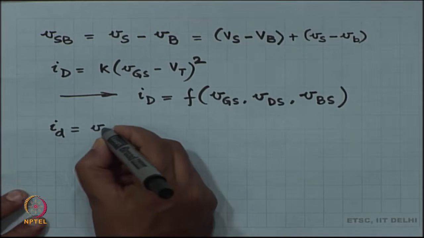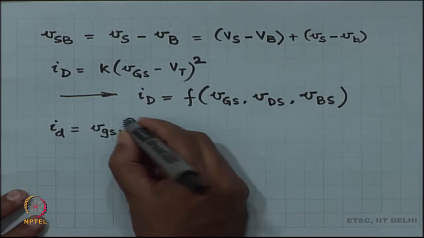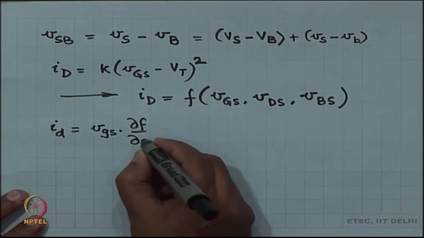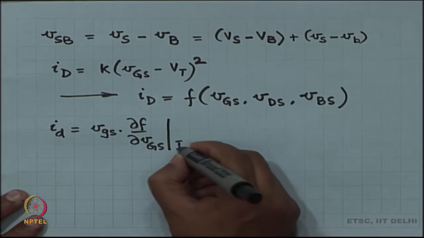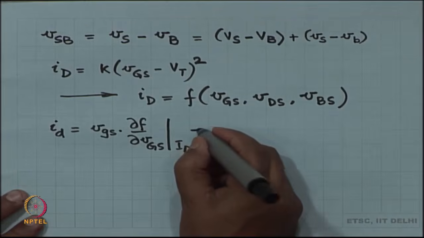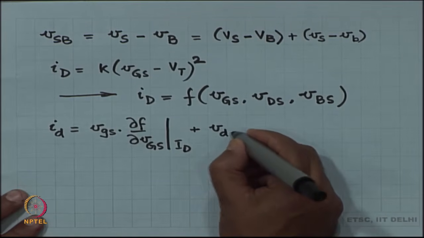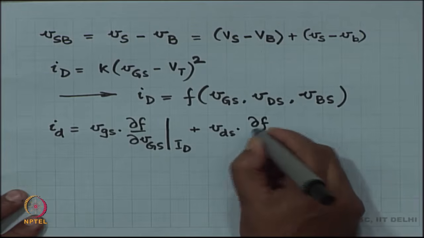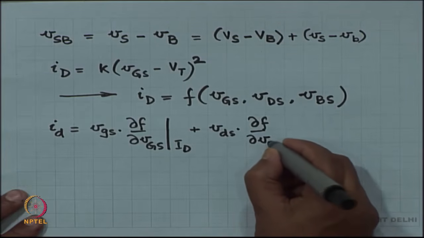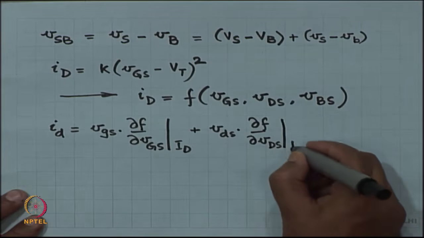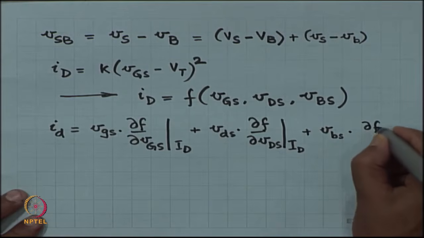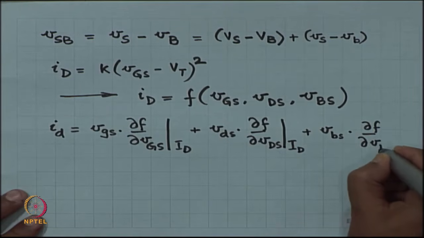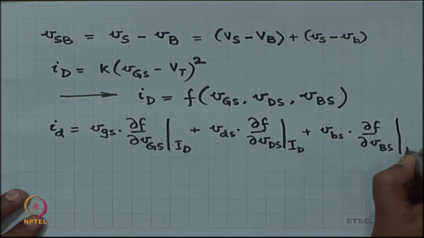It is going to be small Vgs times dou f by dou Vgs computed at the operating point, plus small Vds times dou f by dou Vds computed at the operating point, plus small Vbs times dou f by dou Vbs computed at the operating point.